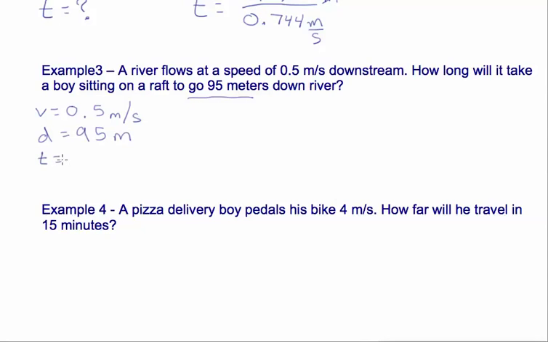So we could sketch another magic triangle over here. And if we're solving for time, we have d over v. And I always like to write the equation first. It helps me remember them and helps me remember how I rearrange them.